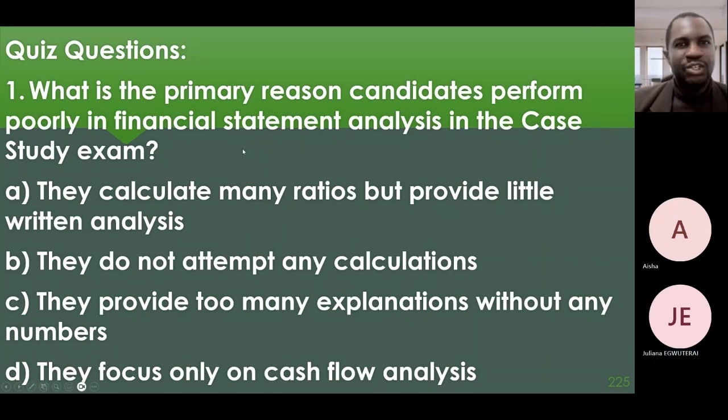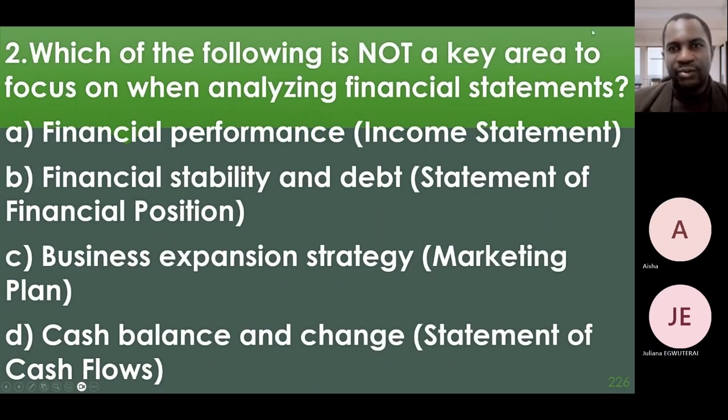Next, which of the following is not a key area of focus when analyzing financial statements? A, financial performance, income statement. B, financial stability and debt, statement of financial position. C, business expansion strategy, marketing. D, cash balance and change, statement of cash flow. Which of the following is not a key area to focus on when analyzing financial statements?